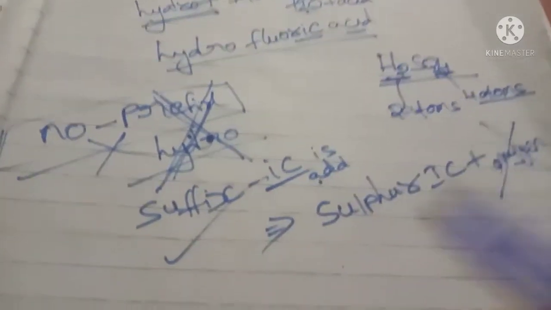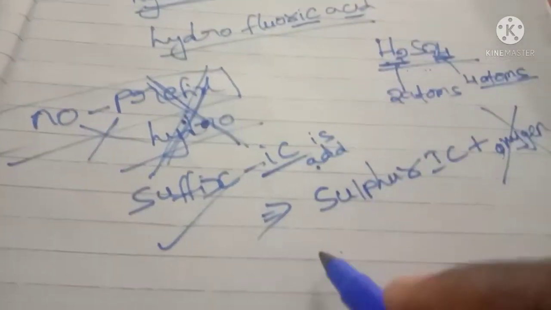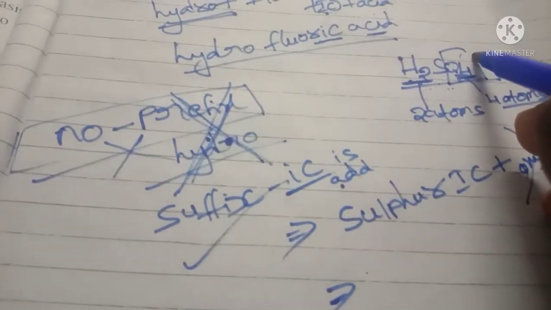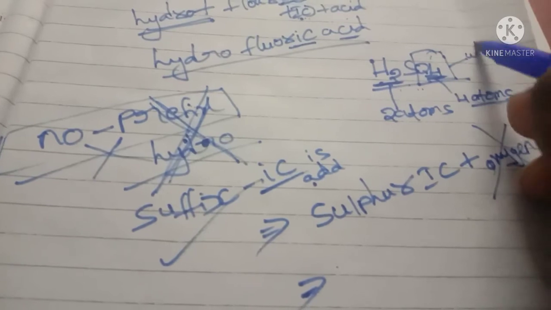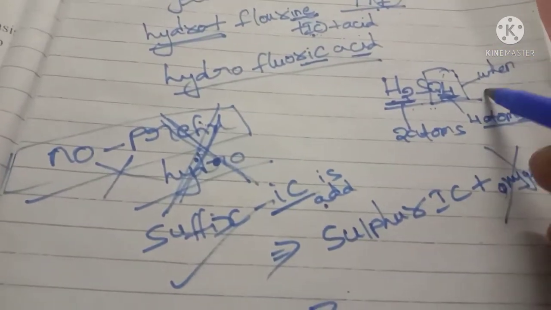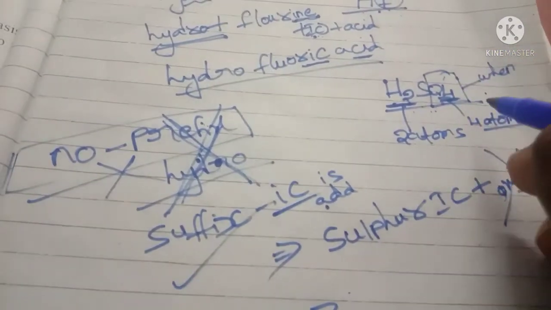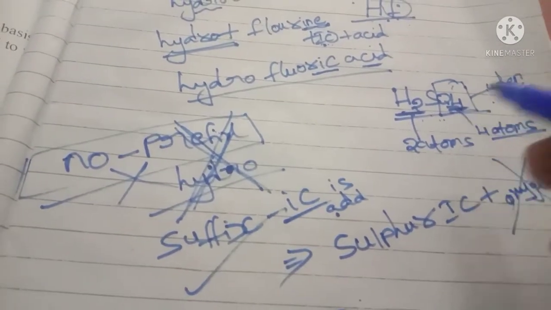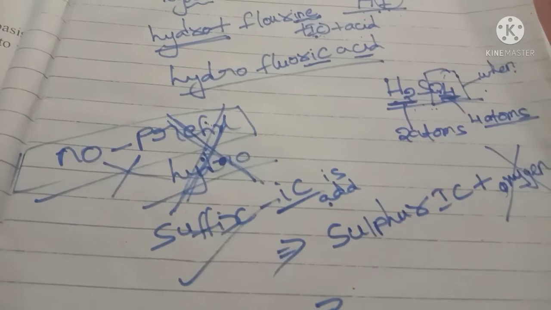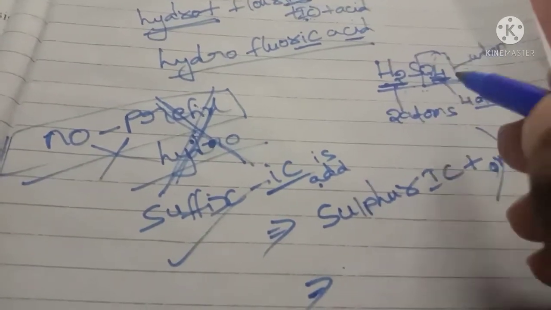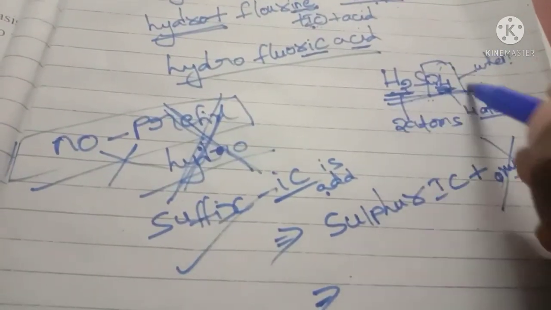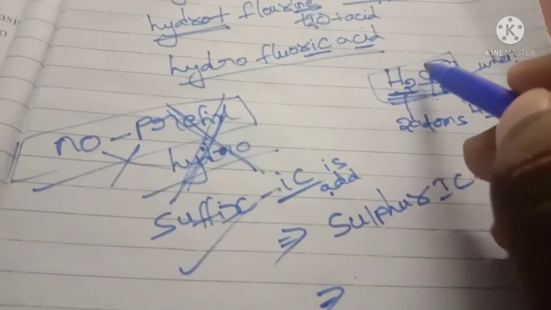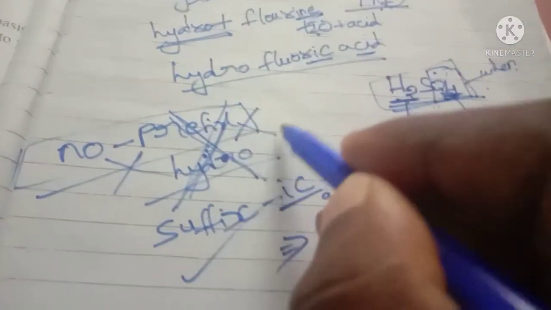One more thing: as this is polyatomic, we are not considering the third element when we are writing the name of the acid. Whenever we are writing the name of an acid, we are not considering the third element in naming, not in the formula. In the formula we are considering it, but whenever we are naming, we neglect it.